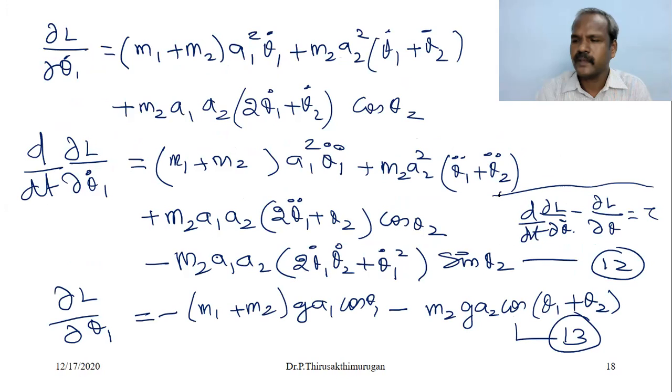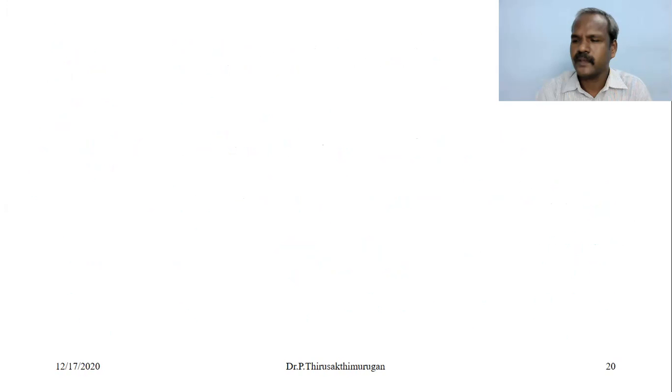Clear? So according to the Lagrangian equation, the equations of motion we get are two coupled nonlinear equations.